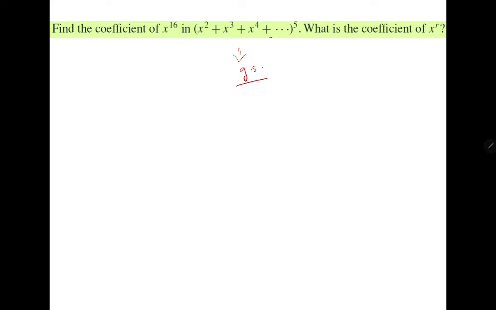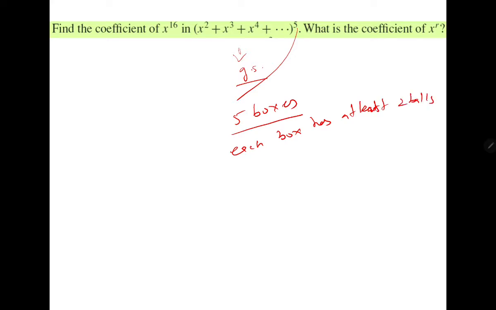It represents that there are 5 boxes and each box has at least 2 balls, because it starts from x square, and it is the problem of unlimited selection or unlimited repetition.